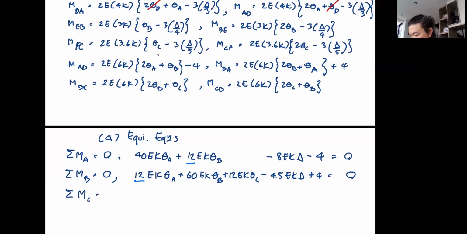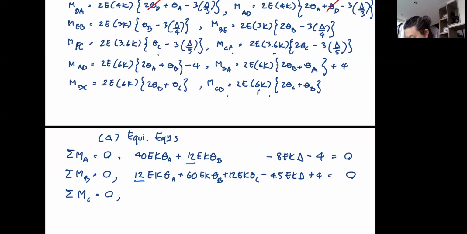Sigma MC equal to 0. So that's MCB plus MCF. You see, there is no theta A in these two.